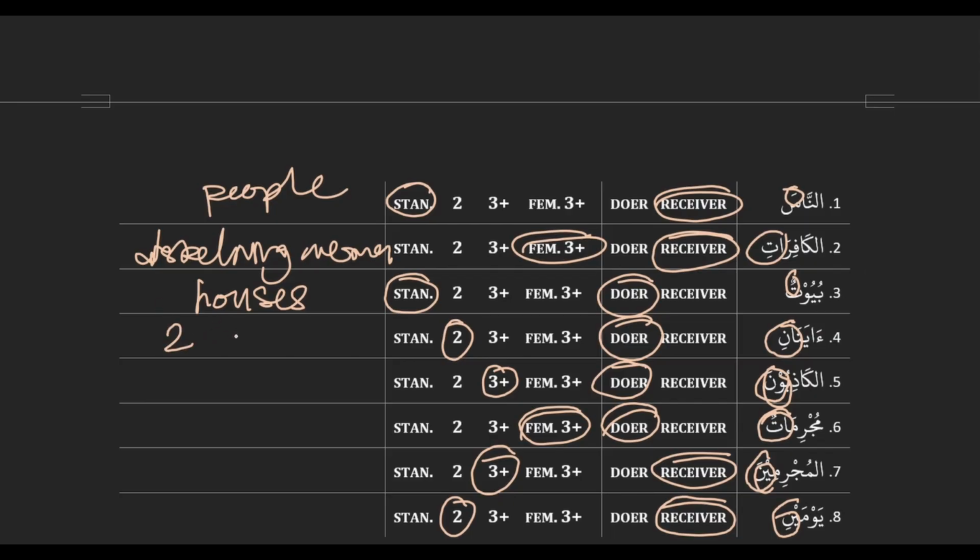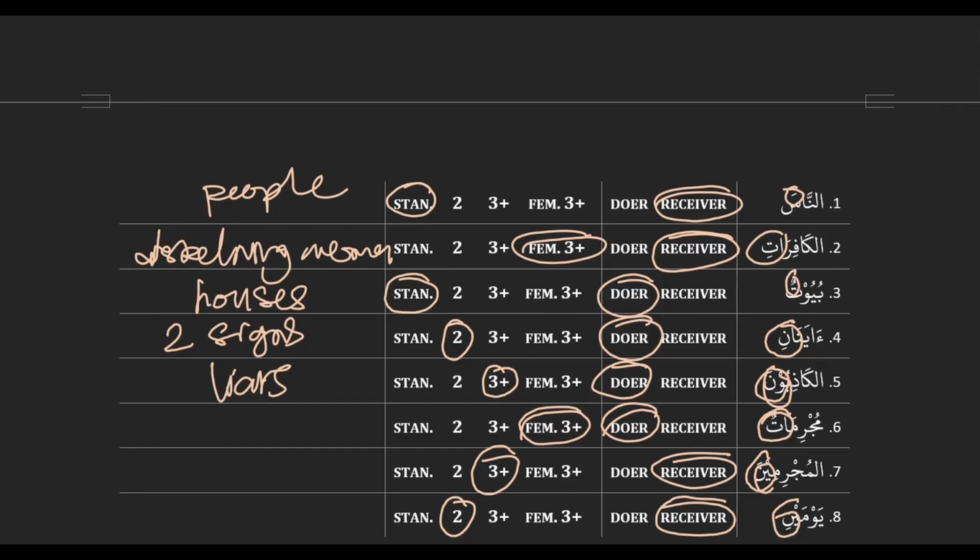Let's look at the next one. Al-kadhibuna. Kadhib is liar, and so it's liars, because we said this is plural. We know our base word, kadhib, liar, and then plural makes it liars. Mujrimatun. The mujrim is criminal, and mujrimatun is feminine plural, so female criminals.